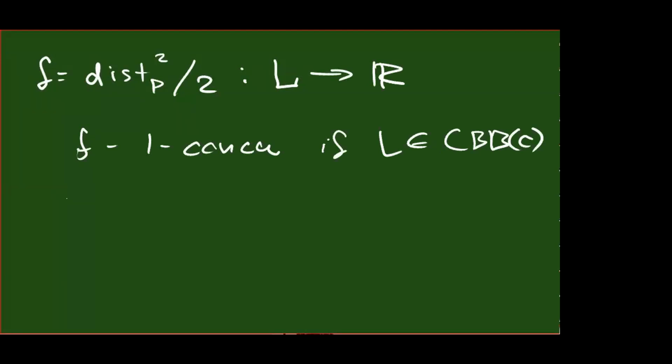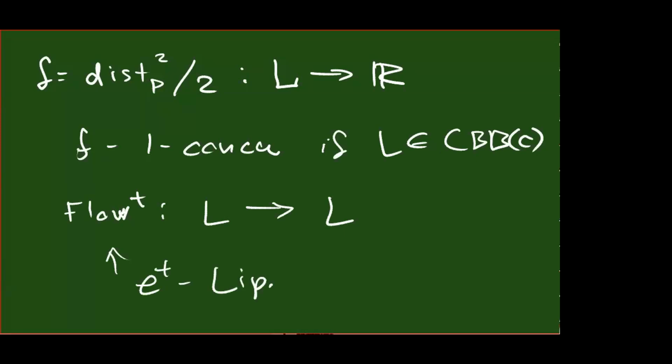So I can apply a gradient flow. I take the flow for time t from L to itself, and I know that this flow is e^t-Lipschitz, as I mentioned before.